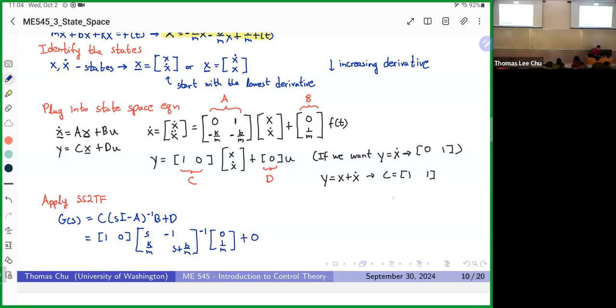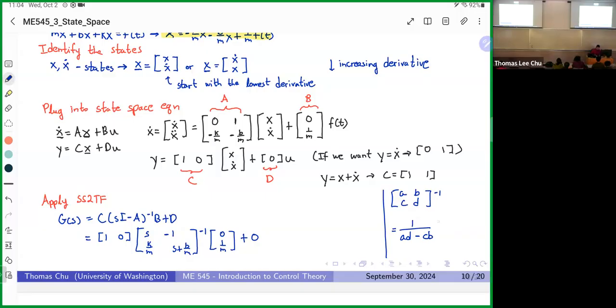A little side note, and I hope I have enough space. This is only for a 2x2 matrix. The inverse of a 2x2 matrix is going to be 1 over the determinant of this matrix. Let's see, it's AD minus CB, right?